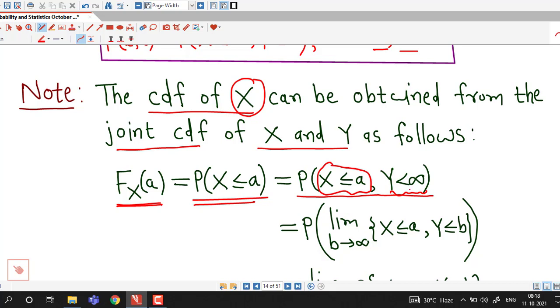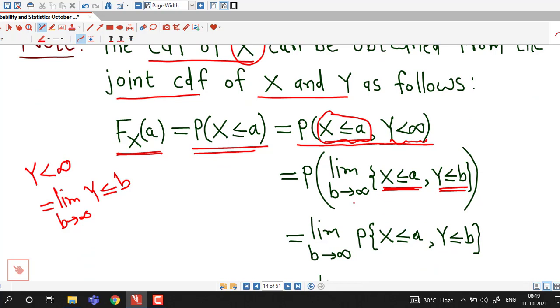Now this Y less than infinity can be written as the limit of this event as b tending to infinity. So I have written it this way: limit b tending to infinity of X less than or equal to a, Y less than or equal to b. Because this is independent of b, the limit of X less than or equal to a as b tends to infinity is X less than or equal to a.